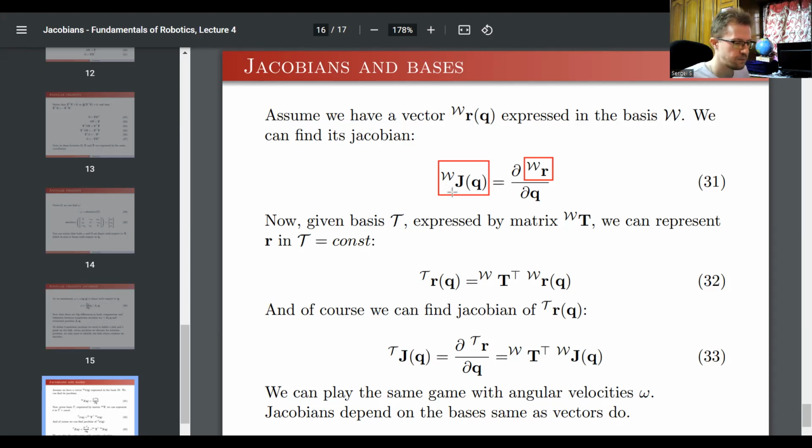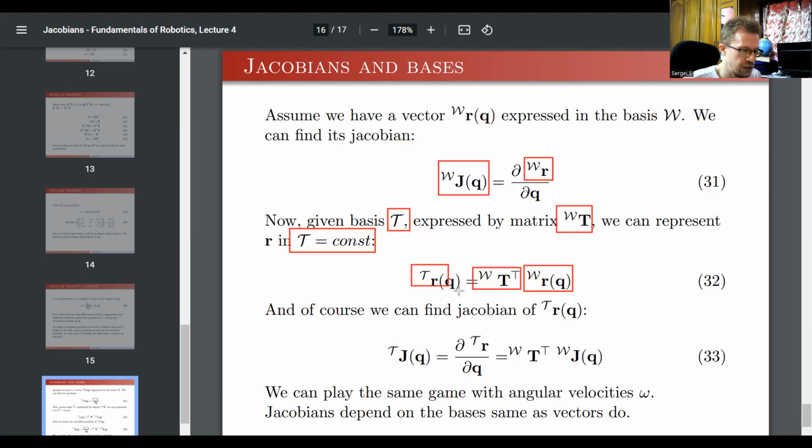Now, let's say we have a basis T expressed by matrix T in omega, and T is constant. Of course, we can do it: we have coordinates in the world, we multiply by T transpose and we get coordinates in T. Again, remember the second lecture.